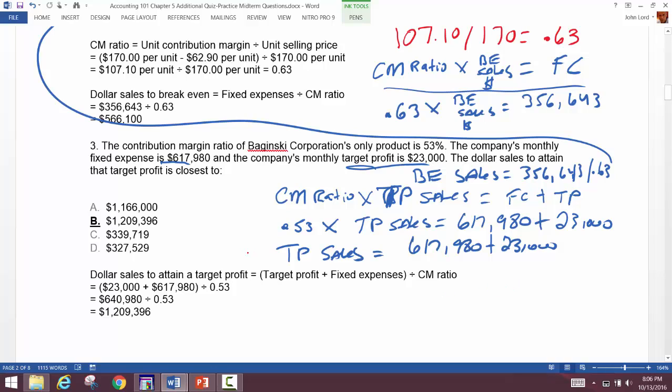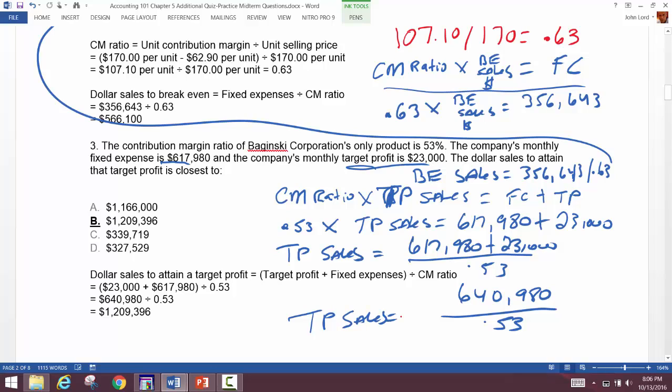So that number divided by 0.53, I'll go ahead and write it just so we can see it. It's 640,980. 640,980 divided by 0.53 is equal to my target profit sales, which means my target profit sales better be this, what? 1,209,396.